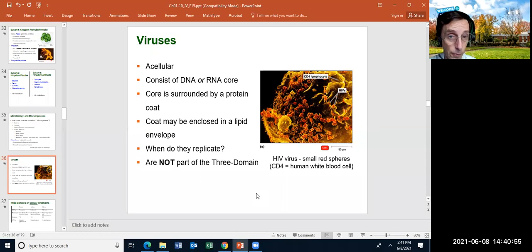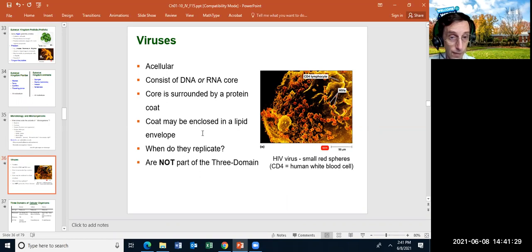And that is the core molecule for a virus. The core is surrounded by a protein coat. So the DNA or the RNA genome is surrounded by a protein coat. The protein coat may be enclosed by a lipid envelope, but not all viruses have a lipid envelope. Only some have a lipid envelope.